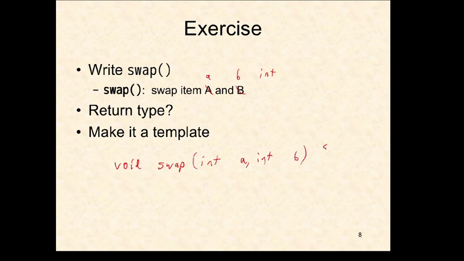I can create an integer temp, set it equal to a, set a equal to b, and b is equal to temp. Okay, there's our void swap function. Unfortunately, it does not work.